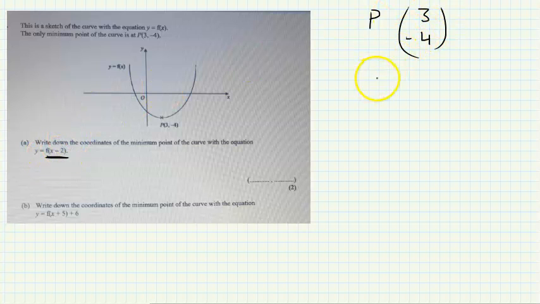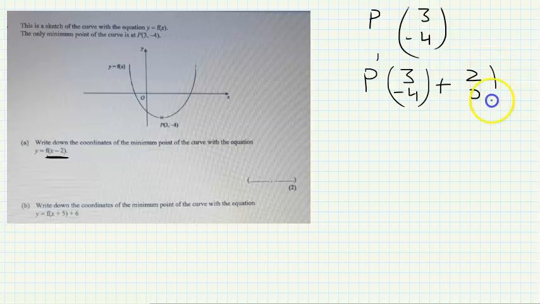So f(x) minus 2, so the new coordinate of P, let's say P dash, will be 3 minus 4 plus 2. This is going to affect x, and there will be no difference in the y coordinate. So the new coordinate is going to be 5 and minus 4.